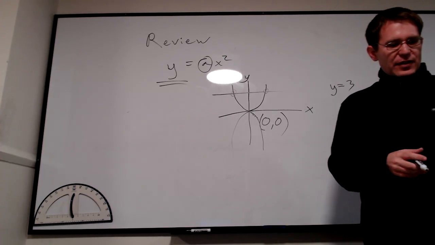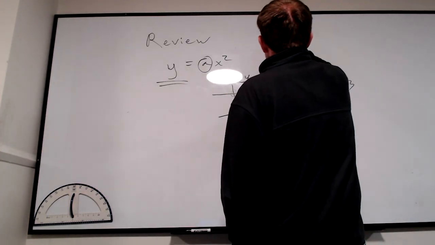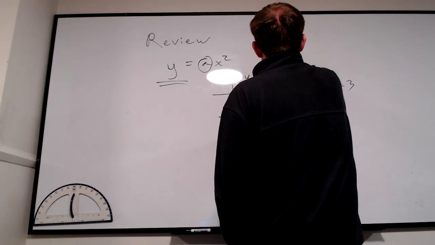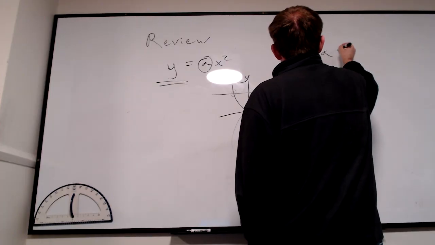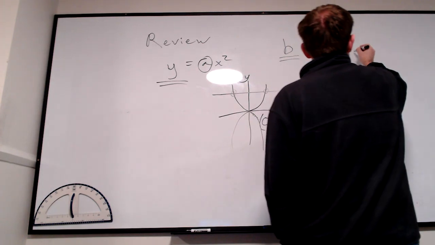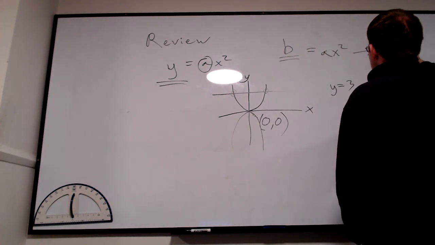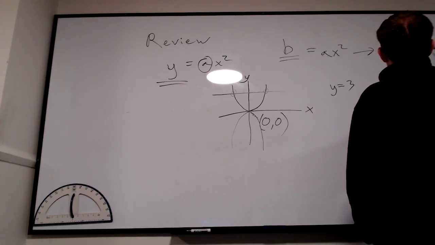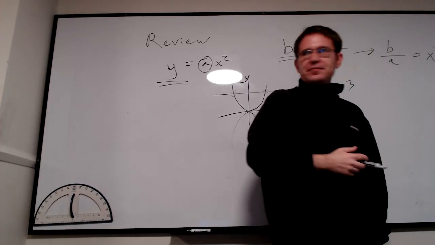So to think about that more generally, if we have an equation of the form b, where b means some amount, equals ax squared, then we can translate that into b divided by a equals x squared. Is that tracking for everybody?